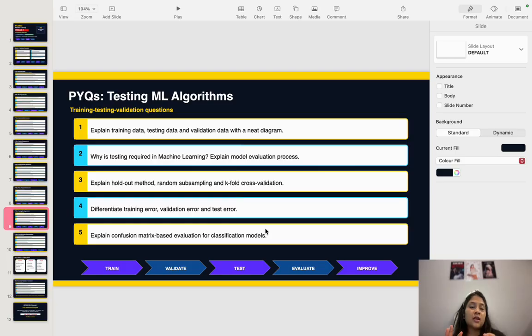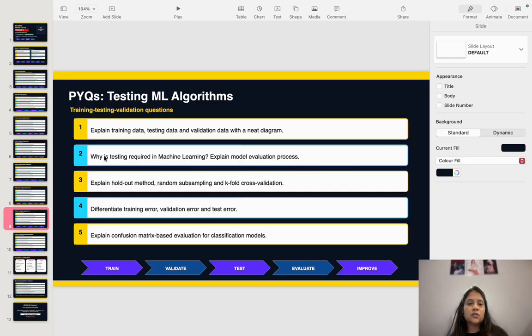Okay, so first write the definition of this and then go with the diagram, and next you try to explain the diagram. Okay, for training data, the flow of training data, then testing data, and then goes for validation data. Okay, so that is the process of writing the answers to score good marks, right?